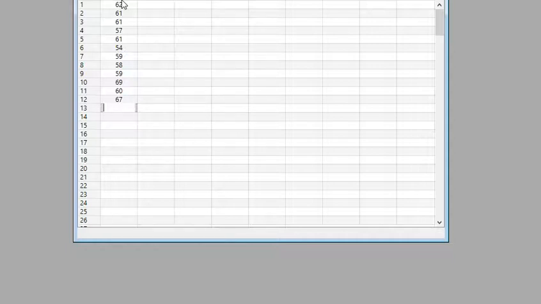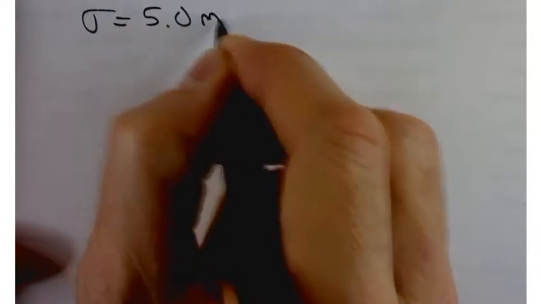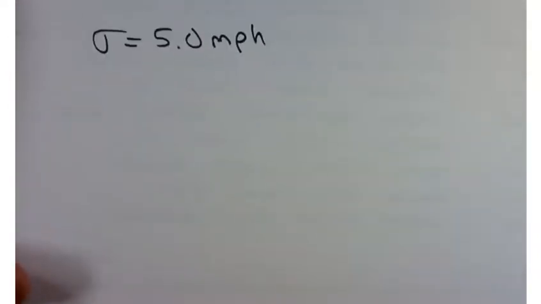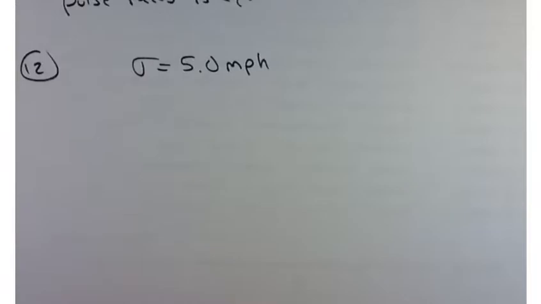Let's set up and conduct a hypothesis test for this one. What's the claim that we're testing? Cool. Standard deviation of speeds is equal to 5 miles per hour. So is that going to belong in our null or alternative hypothesis? Null hypothesis.